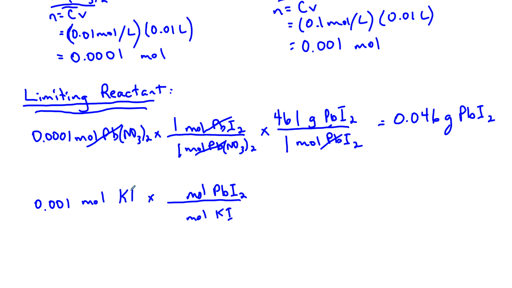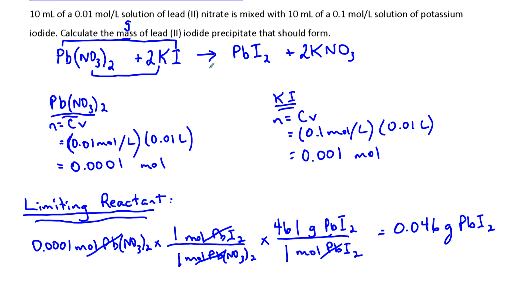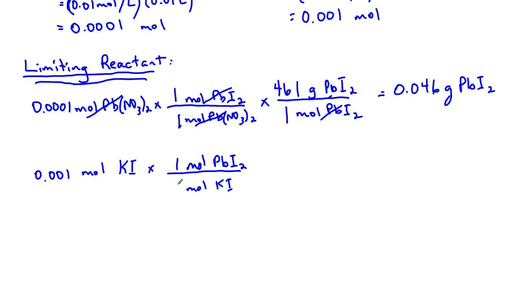Let's check the balanced equation. PbI2, there's no coefficient, but for KI there's a 2. And finally I'm going to go from moles of PbI2 into grams using the molar mass.